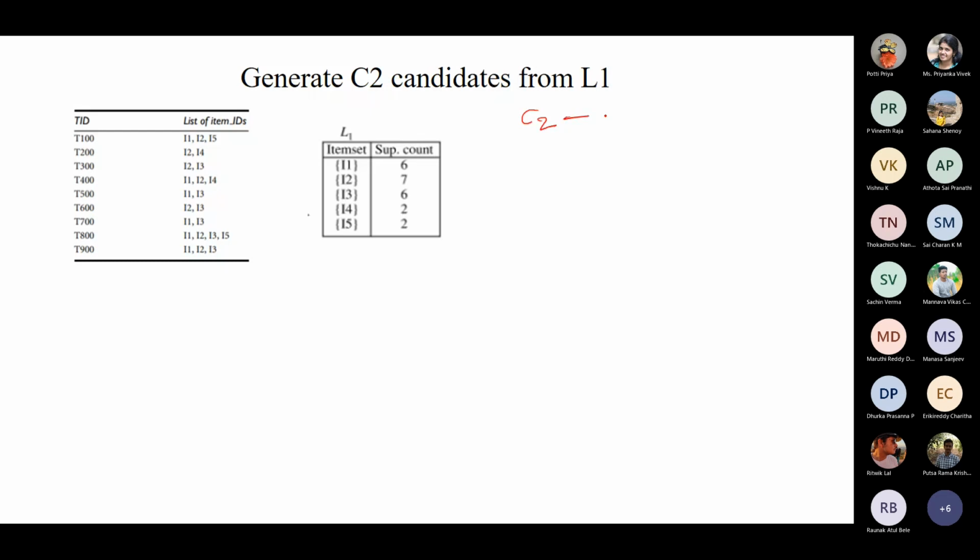C2 is two frequent item set. So what you have to do is join two items, I1 and I2. You have to combine two items because it is C2, two frequent item set.